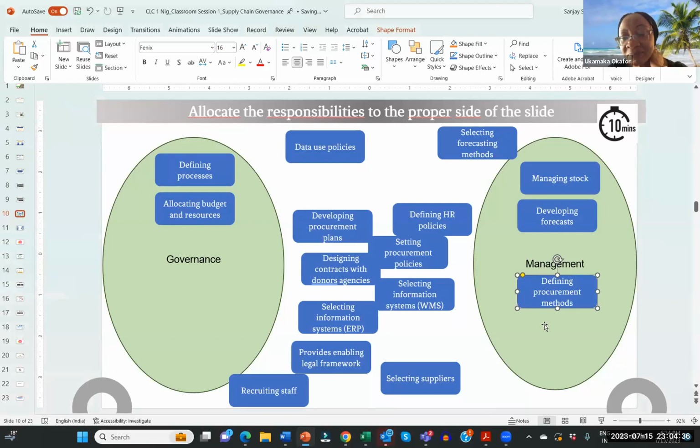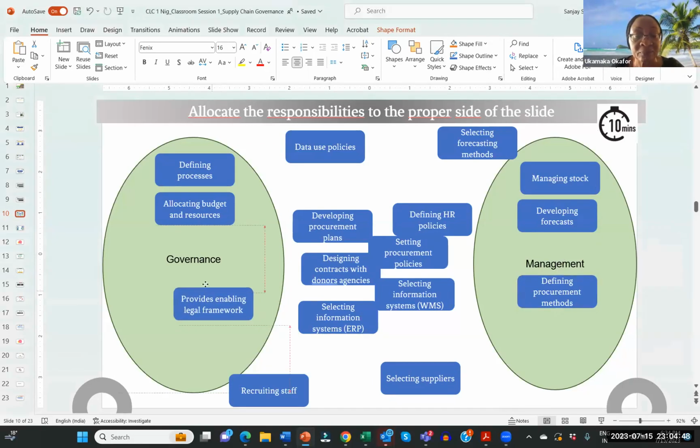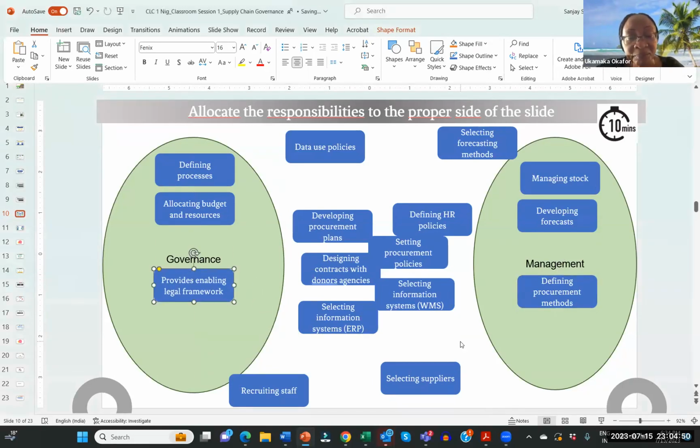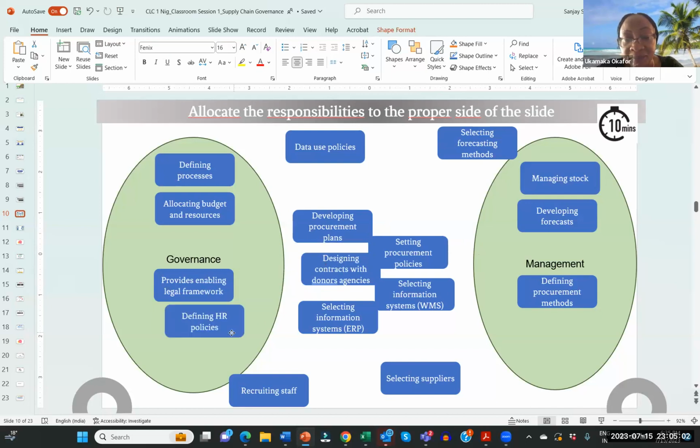Mariam Shehu. Next. Good evening, everyone. Provides enabling legal framework, governance. Okay. Pratham Philibus. Next. Good evening, everyone. Defining HR policies, governance. Okay, all right. Oluchi Mvosu. Selecting suppliers, management. Okay.